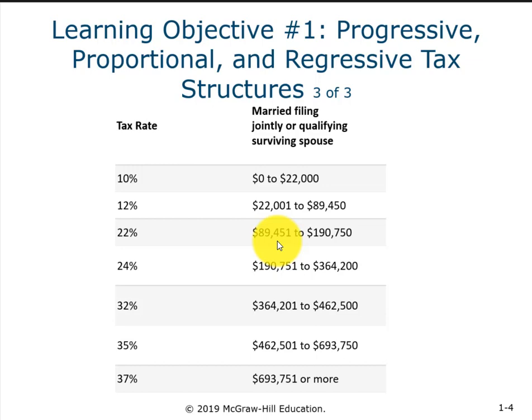Even though income lower than that, if you went from 80,000 to 80,001, that dollar would only be taxed at 12%. And if you went from 21,000 to 21,001, that dollar would only be taxed at 10%. So that's what we mean by the marginal tax rate.